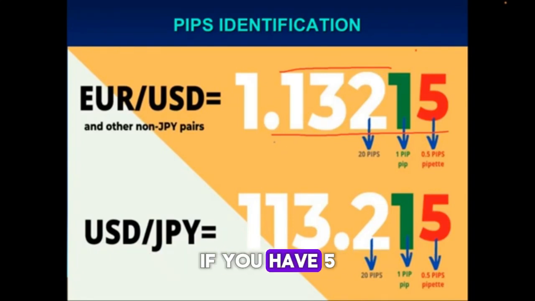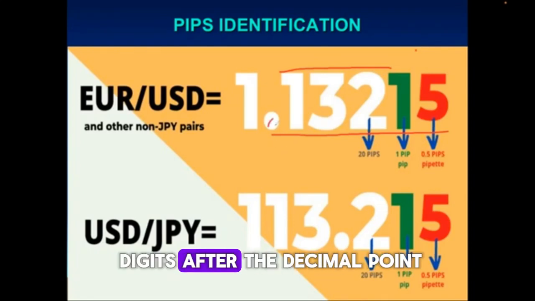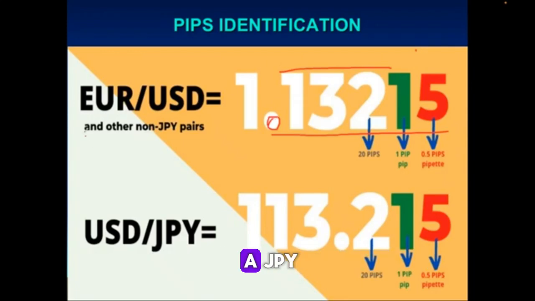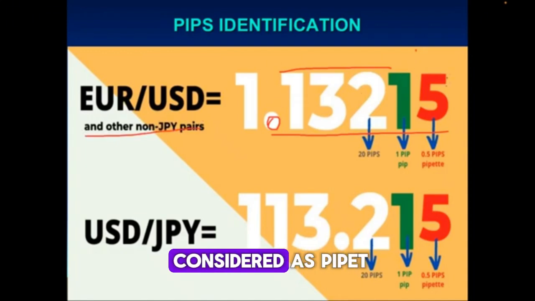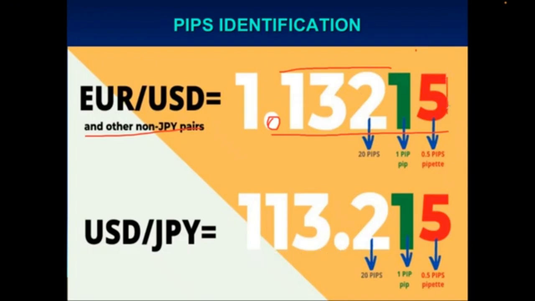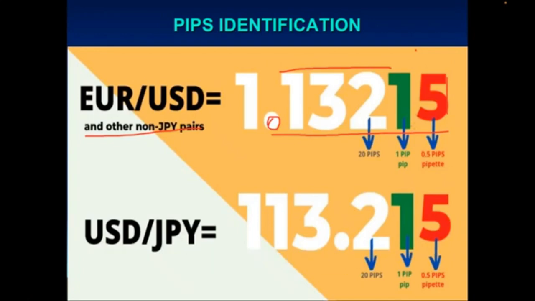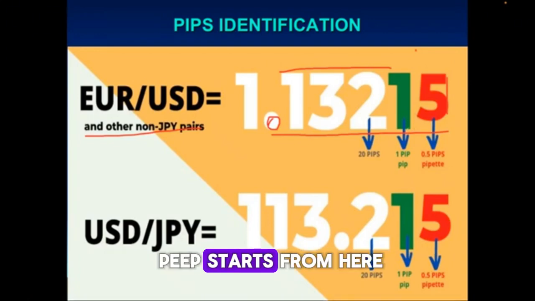If you have 5 digits after the decimal point, provided it is not a JPY pair, the last digit is considered a pipette. Now, the 4th digit after the decimal point is known as the pip. This is the pip. Pip starts from here.